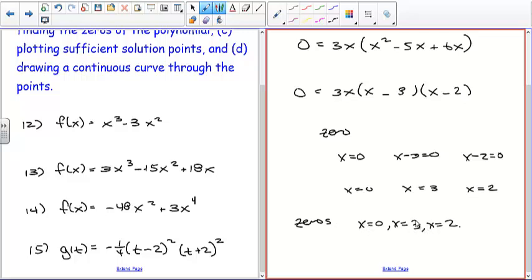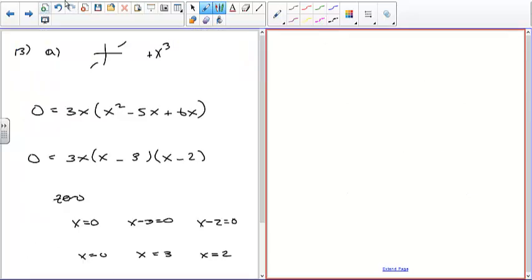That's where it's going to intersect the x-axis. Now because there's no multiplicity involved, at each one of these it's going to cross the x-axis. It's not going to just touch it. So let's put a piece of graph paper in there and see what we know so far.